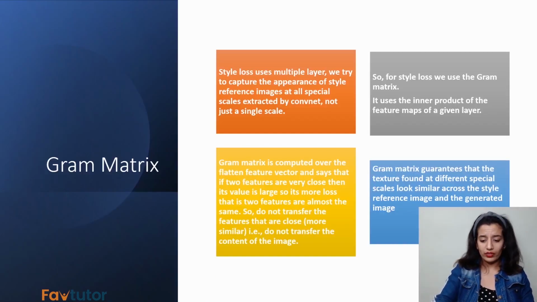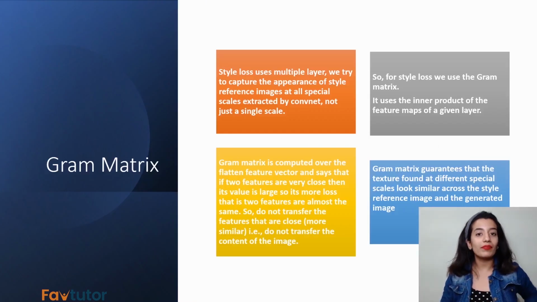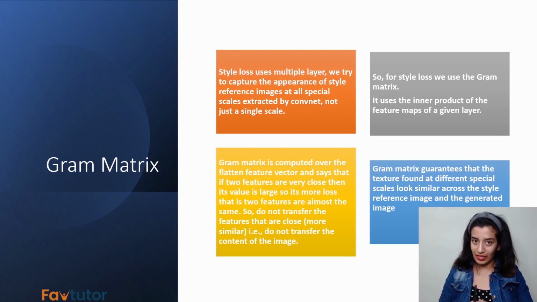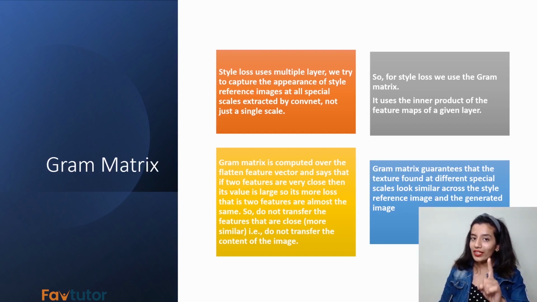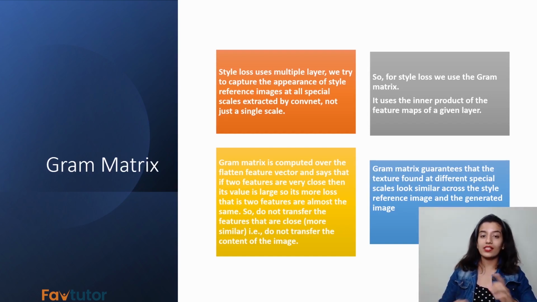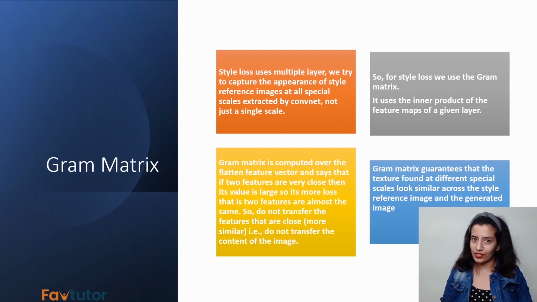Before going to that, as I already mentioned, the style loss consists of all the layers. For all the layers, it is a bit complex to understand. That's why we have something called the gram matrix. So let us understand what the gram matrix does and how it is helpful. We don't use the gram matrix in the content loss, we only use it in the style loss, because the style loss considers all the layers of the generated image with respect to the reference image.